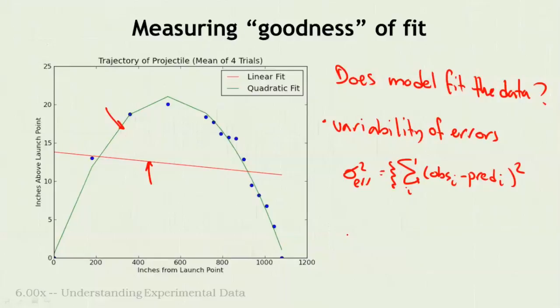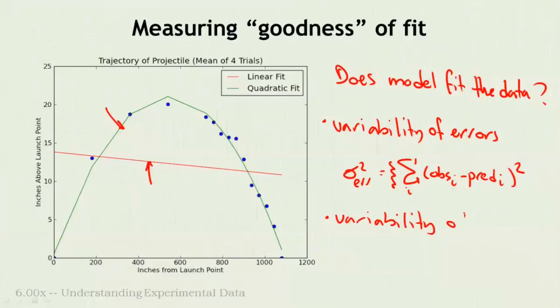But the trouble is that if we're making observations in terms of parsecs, the errors may be small in parsecs, but as an absolute value the errors are huge. So really what we want to do is compare the variability of the errors to the variability of the original data.